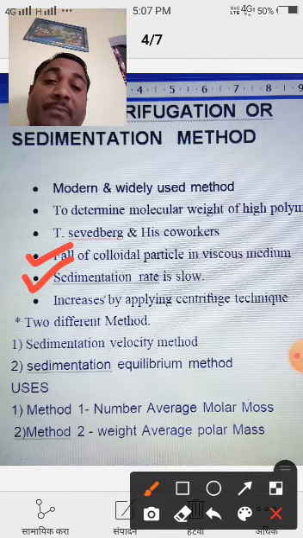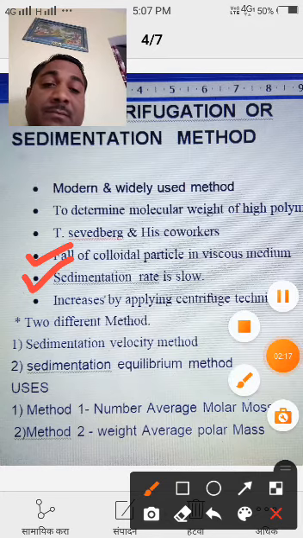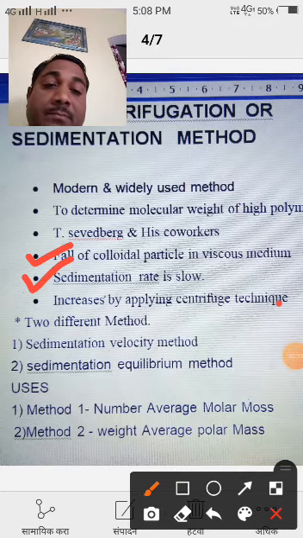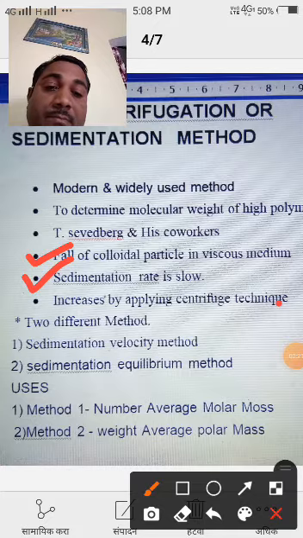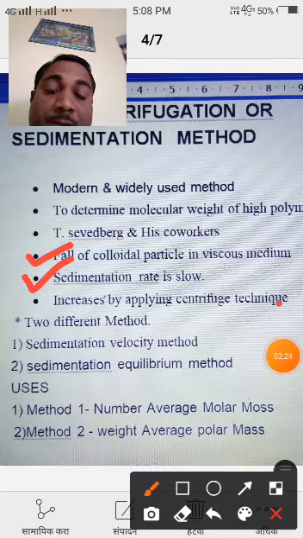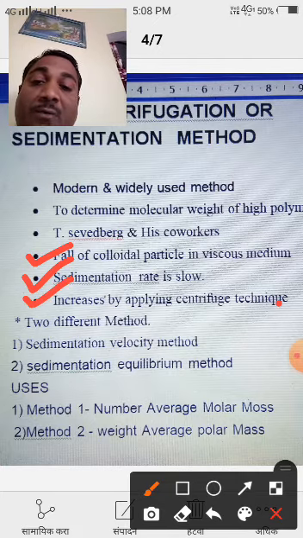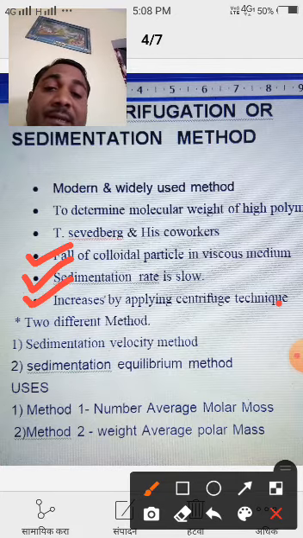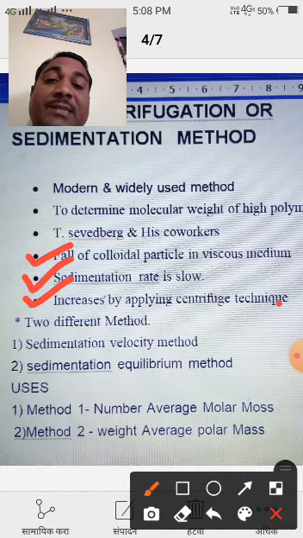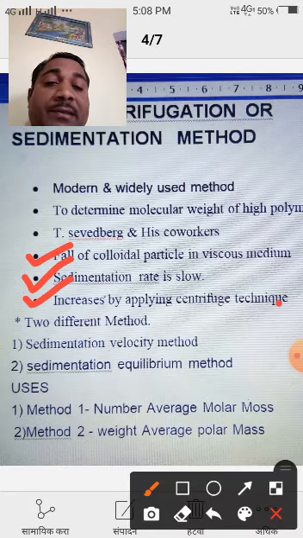In order to increase the sedimentation rate, we apply a centrifuge technique for fast sedimentation under the influence of gravitational force as well as centrifugal force.